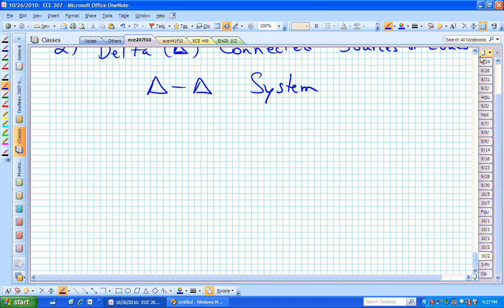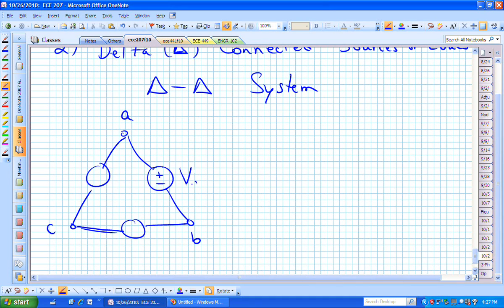Now, let's sketch. This is where it could be confusing. Don't let it get you too confused. Maybe it's not confusing at all. Let's label this A terminal, B terminal, and C terminal.